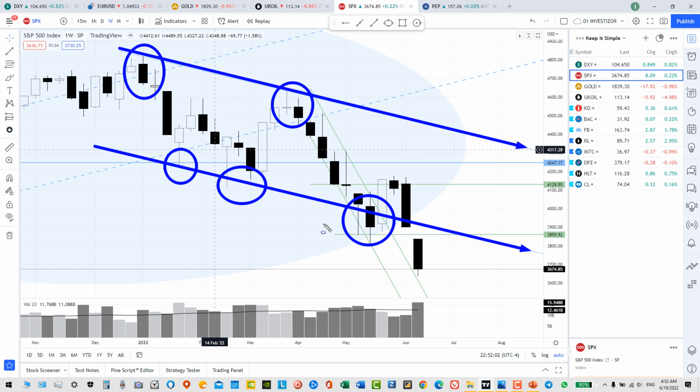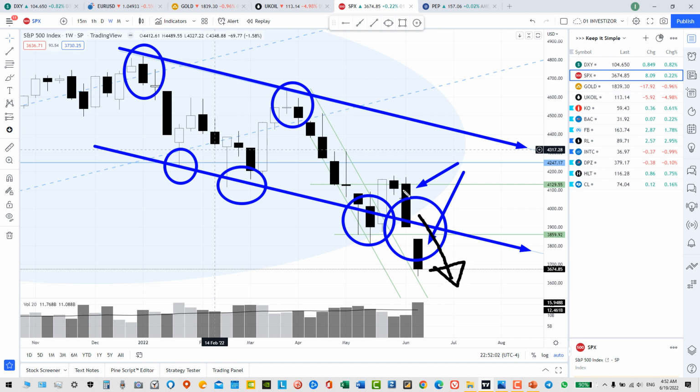But we do have some increased negativity, and the sellers are gaining more and more control. The Japanese candlesticks are indicating increased selling pressure, in addition to a downward price gap during the break of the channel line to the downside.